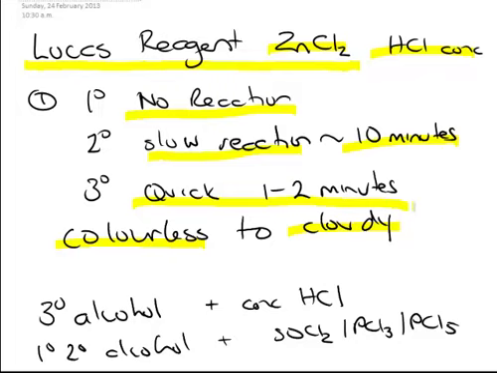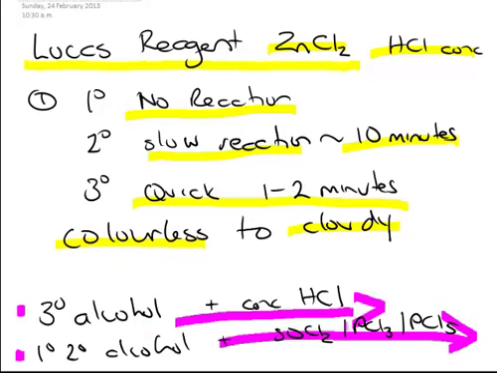Just as an aside to this, we've seen that with primary and secondary alcohols, you can also do this substitution reaction with SOCl2, PCl3, PCl5, and that's reasonably quick. Tertiary alcohols, you can also substitute just by using concentrated hydrochloric acid.